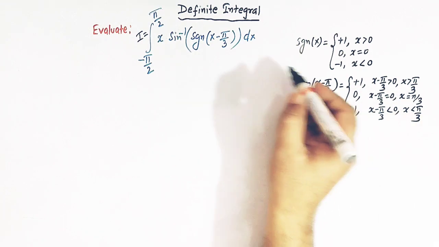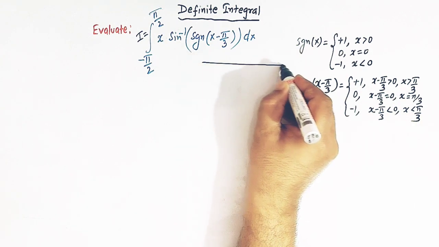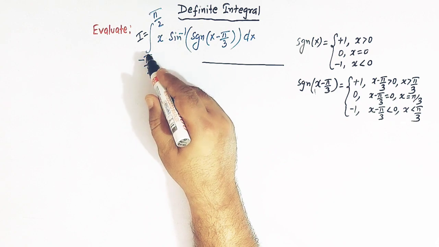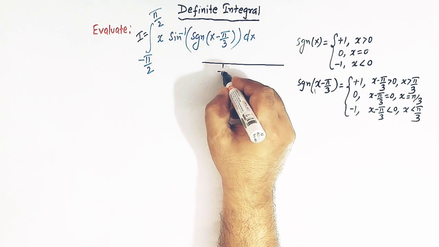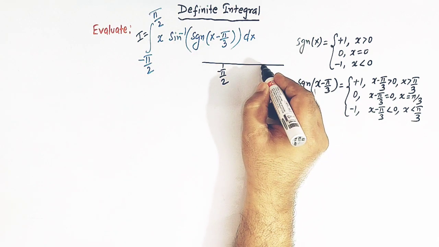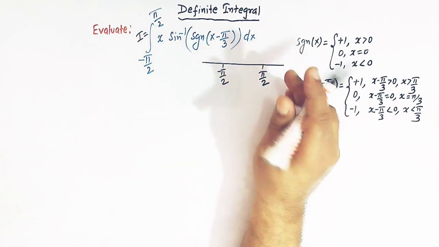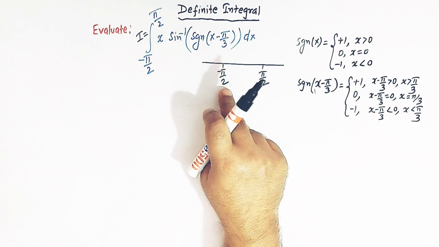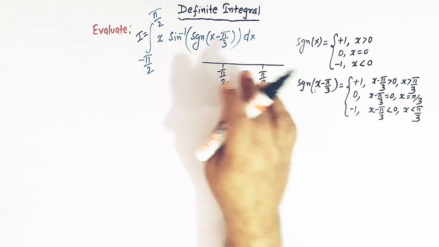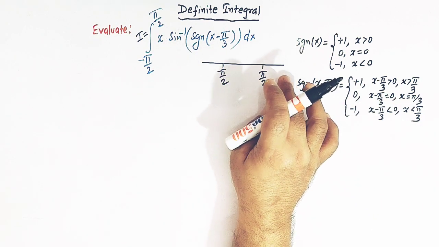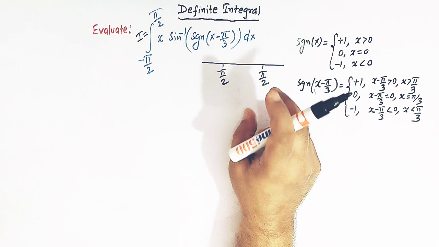Now here we have the number line, and the lower limit is minus pi by 2 and the upper limit is pi by 2. Let us represent some important values of x on this real number line in order to get the picture clear.